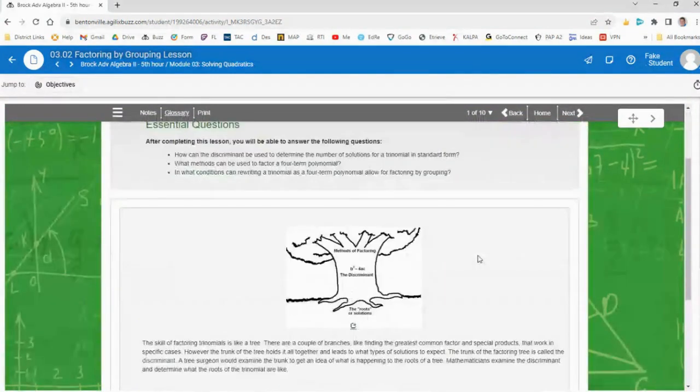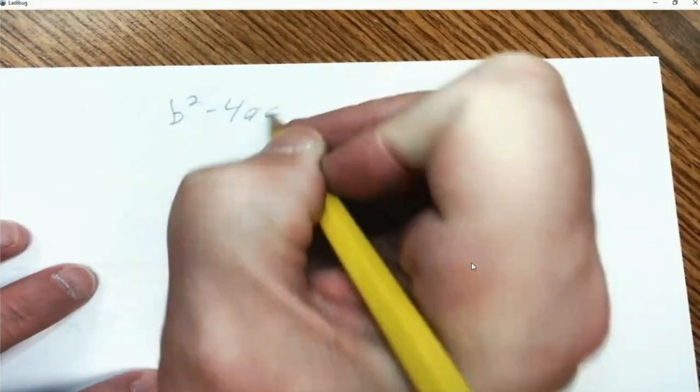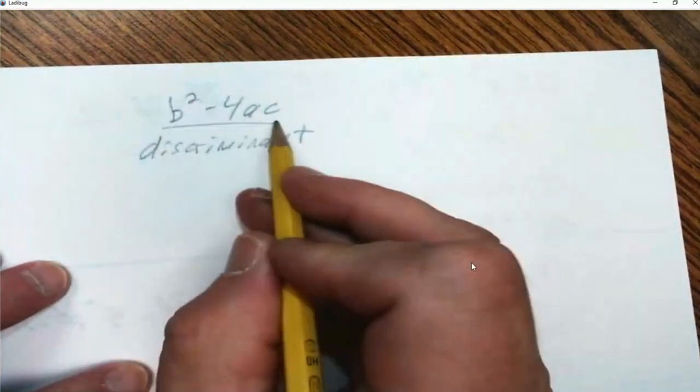All right. Let's talk about the discriminant real quick, because it tells us a lot when we're factoring quadratics. Something called the discriminant looks like this. Does that look familiar? You've seen that before.